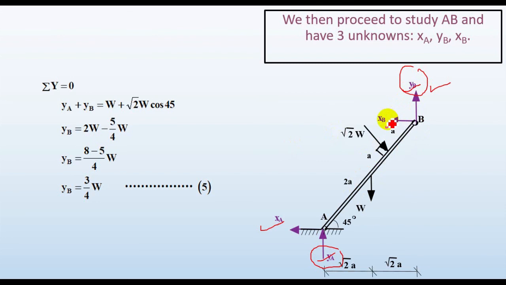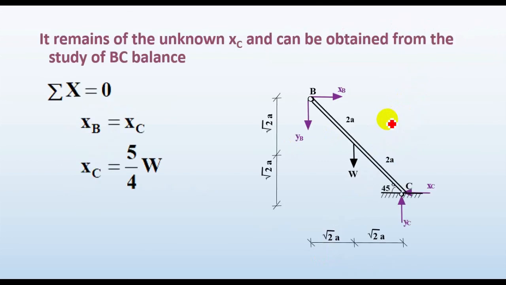So it will be just only our work here that we need XC, just only that one. This one from the first step, this one from the second step, and this one third step from XB, it will be equal XC, so it will be the same thing.